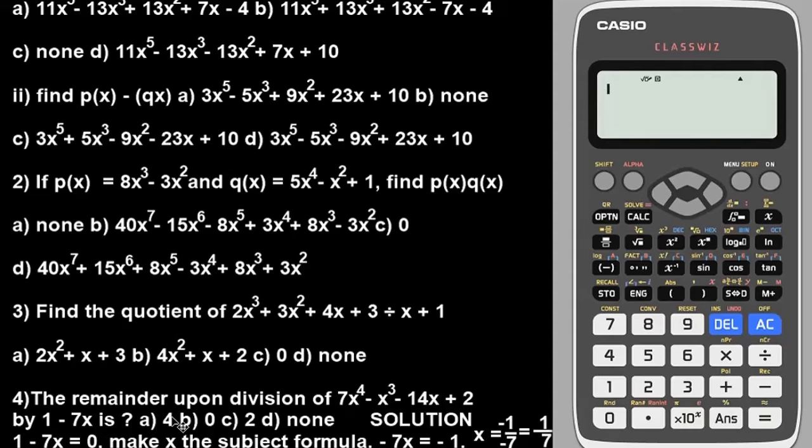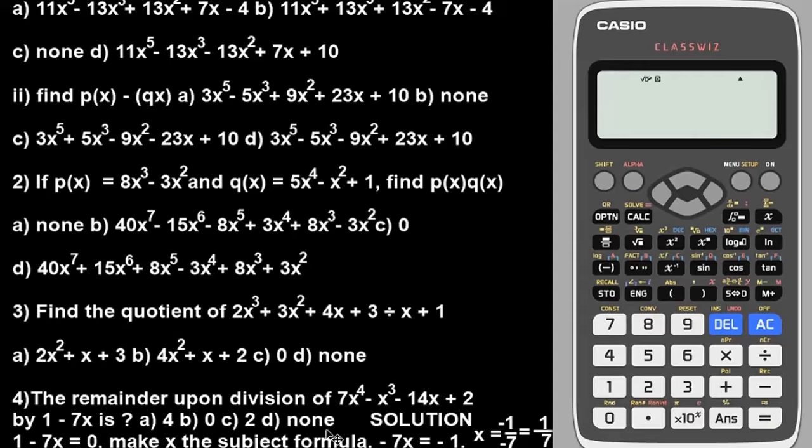So guys, if you look closely, I outlined some things here to assist your understanding very well. Now when you have this kind of remainder question, the first thing you have to do is take the value that is dividing the polynomial, like here 1 minus 7x, and equate it to 0.